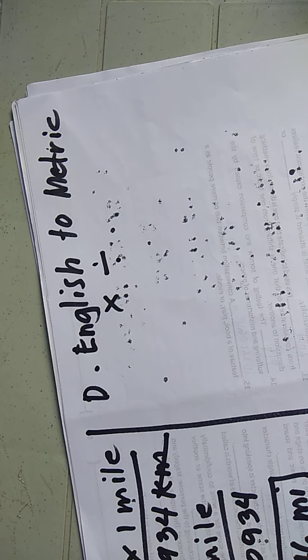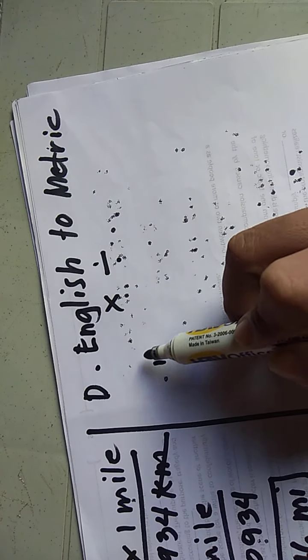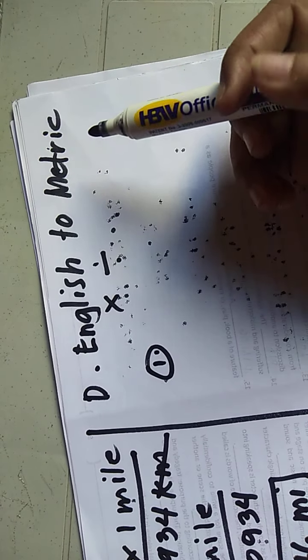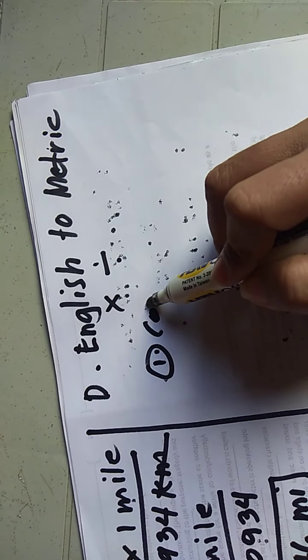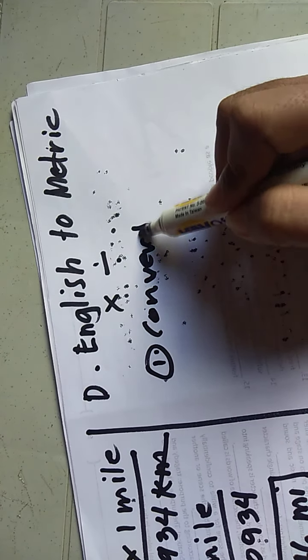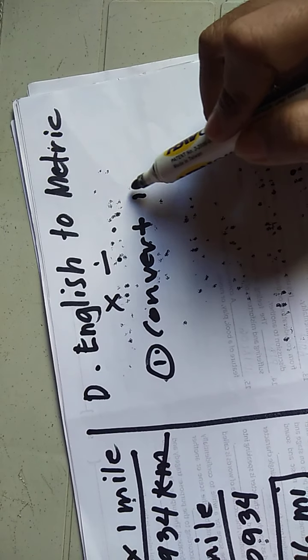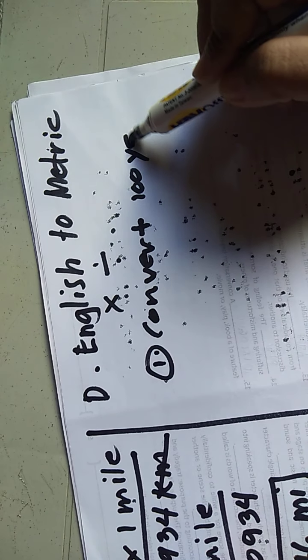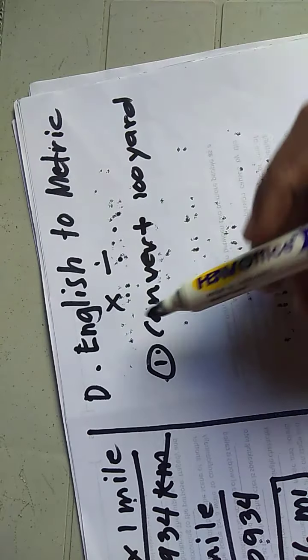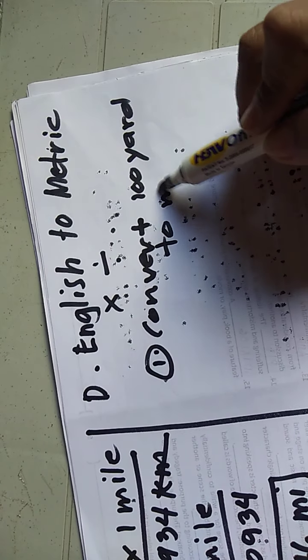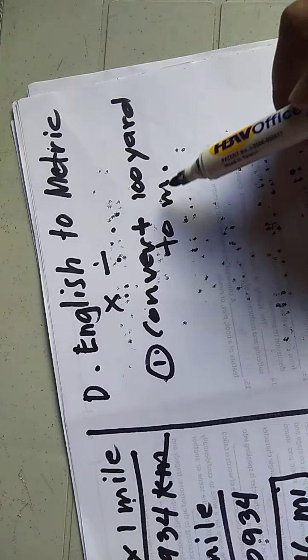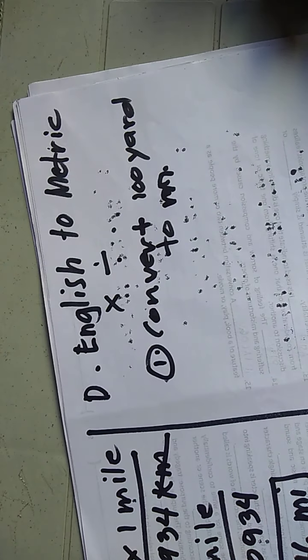Okay? So, sabi dito, on the first example rather, is we have to convert 100 yard, okay, to a meter. Kailangan daw nating i-convert yung 100 yard into a meter.